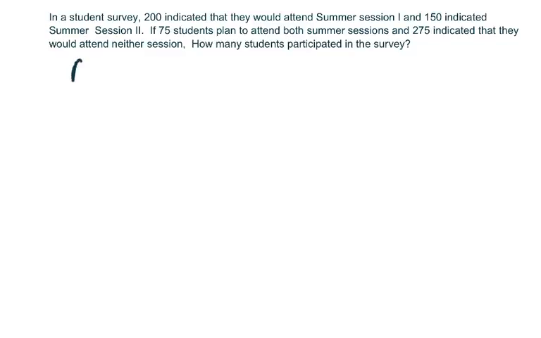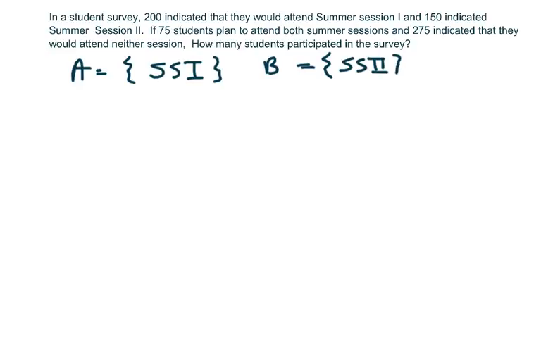So we're going to let A be the students in summer session 1, and B is the set of the ones that attend summer session 2. Now we know that the number in A is 200. We also know that the number in B is 150.